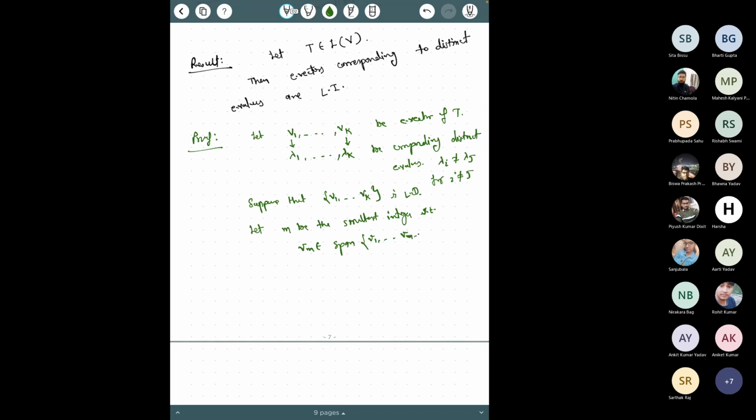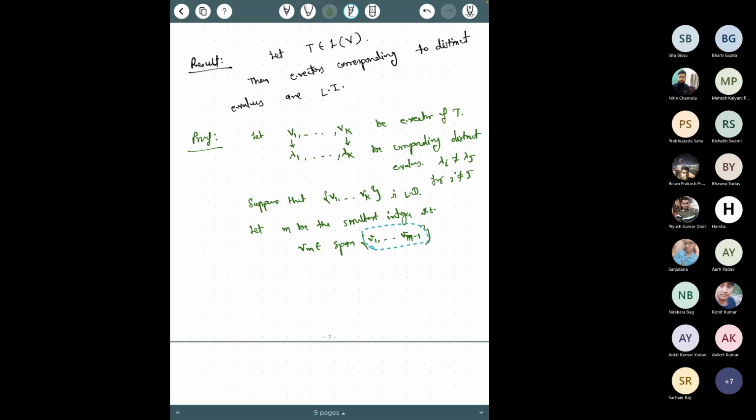Now what does it mean? It means that v1 to vm minus 1 are linearly independent, because I am choosing m to be the smallest. No other element among these can be written as a linear combination of the others.